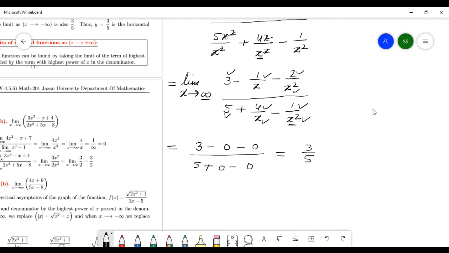Last lecture I told you, whenever x goes to infinity and the function goes to a number a, this line y equals a is called a horizontal asymptote.